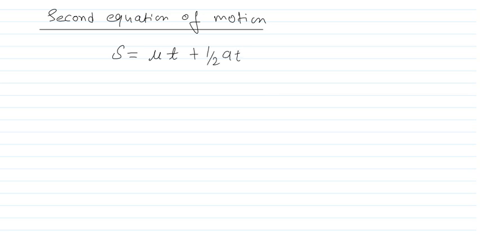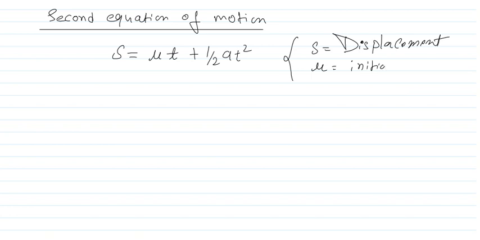So here s is what? S is displacement, u is initial velocity, t is the time, a is the acceleration.